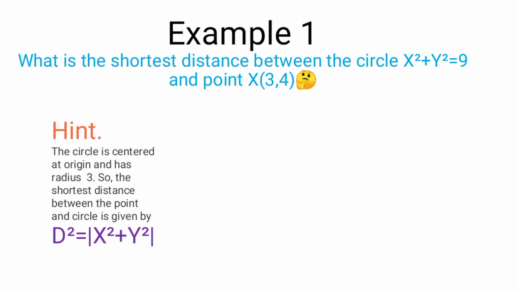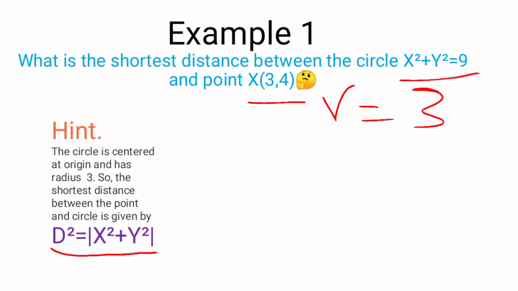Consider this example. What is the shortest distance between the circle with the equation x squared plus y squared is equal to 9 and the point 3, 4? Through this equation, we get the radius is 3 units. So the circle centered at the origin has a radius of 3, so the shortest distance between the point and the circle is given by d squared is equal to x squared plus y squared.